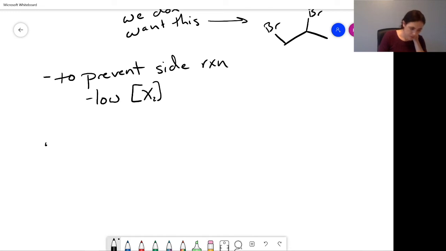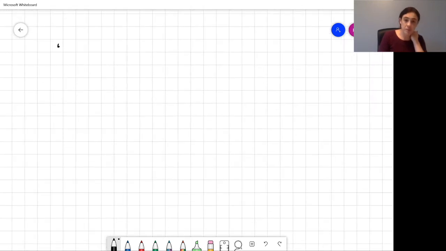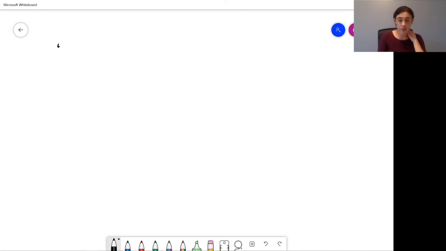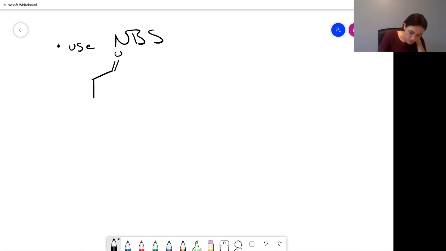So instead of using Br2, which we're going to have to use in at least equimolar amounts, we can employ a different reagent, N-bromosuccinimide, which I'll draw here, that allows for only slow release of bromine.